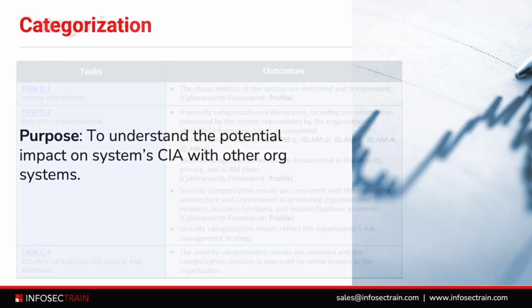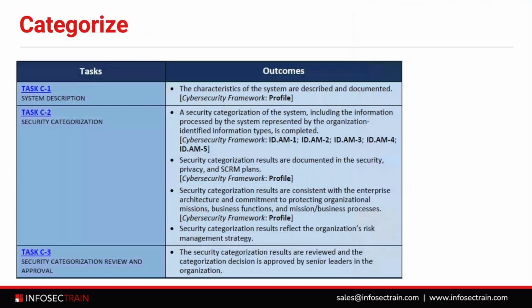Okay, so these are the various tasks. If you have gone through the NIST 837 document, each of these phases, like prepare, categorize, select, and all these phases are subcategorized into various tasks, and this categorize phase of the RMF has been categorized into three subtasks.